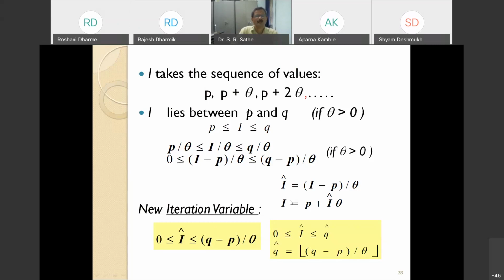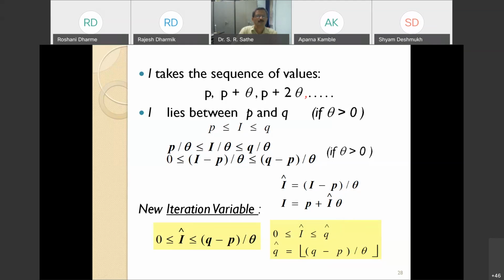So I introduce a new index variable I caret, where I caret is equal to (I minus p) by theta. Conversely, taking theta to the left hand side, I is equal to p plus I caret times theta.